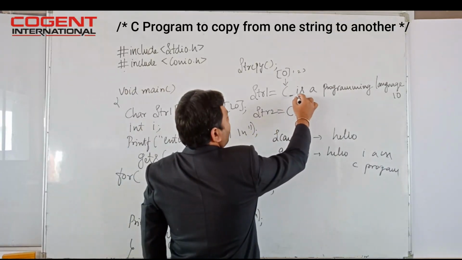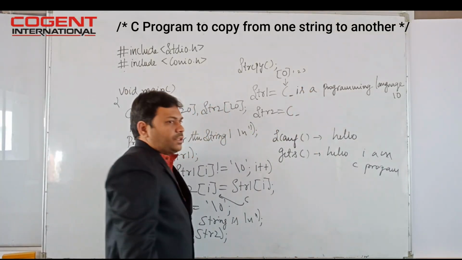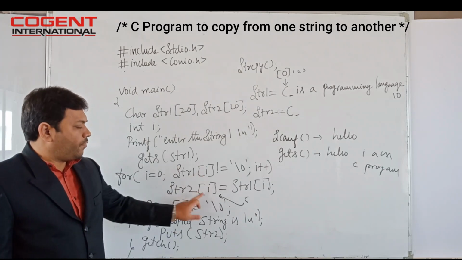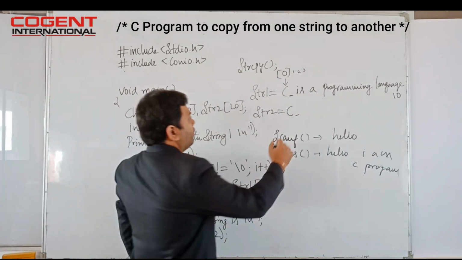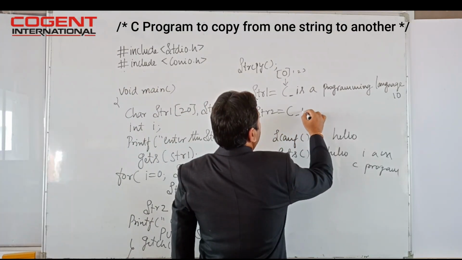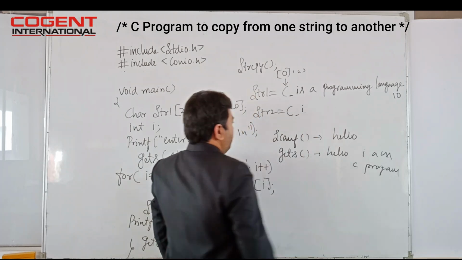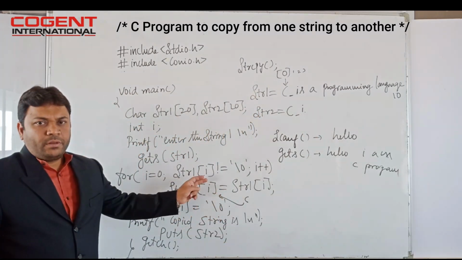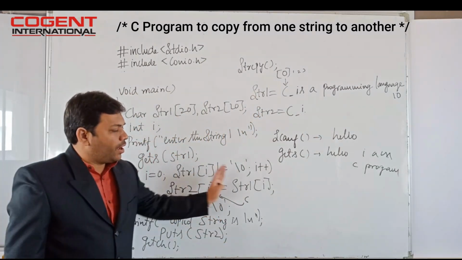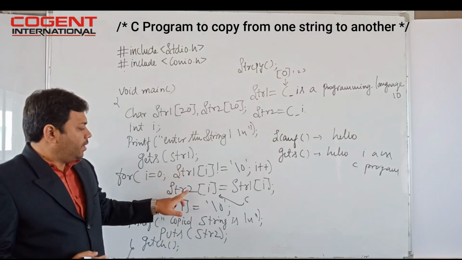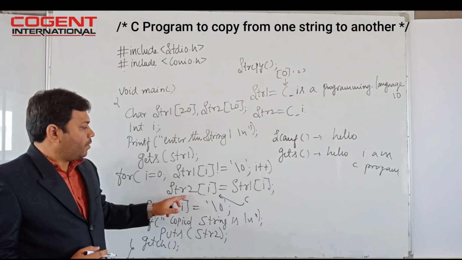So this i, which is in the second position, is copied into str2[2]. Then increment the value of i. So likewise we go on copying the content of string 1 into string 2.